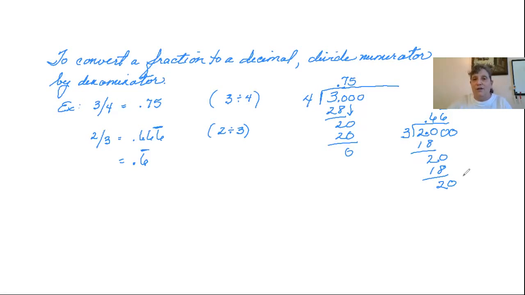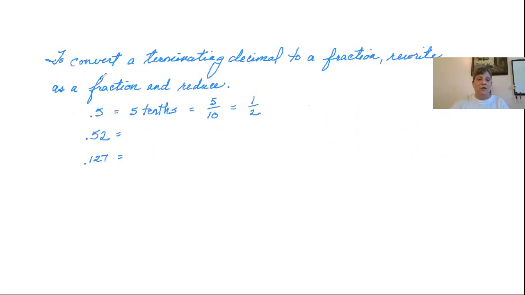What do we do with a decimal that never repeats? You're kind of stuck. That's an irrational number. But if it is a rational number, it's either going to terminate or it's going to fall into a repeating pattern.